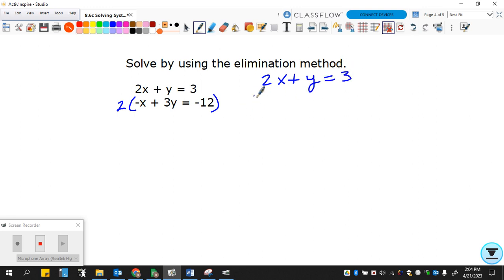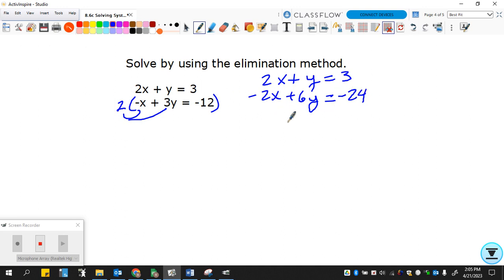When we distribute, 2 times negative x is negative 2x. 2 times 3y is, I'm sorry, not plus 3y, plus 6y. Okay, 2 times 3 is 6, is equal to 2 times negative 12 is negative 24.